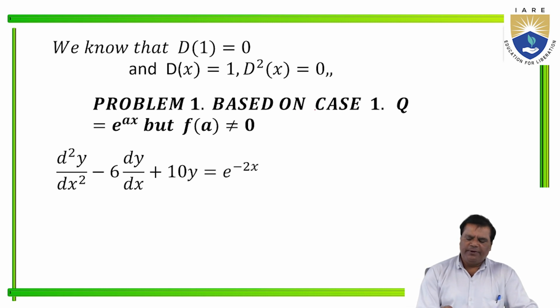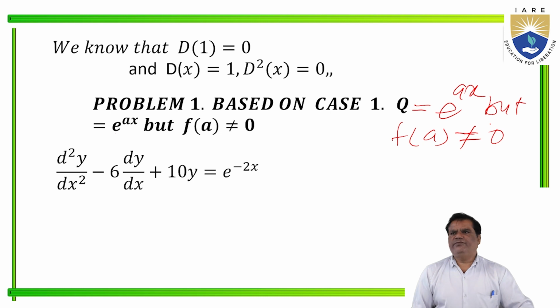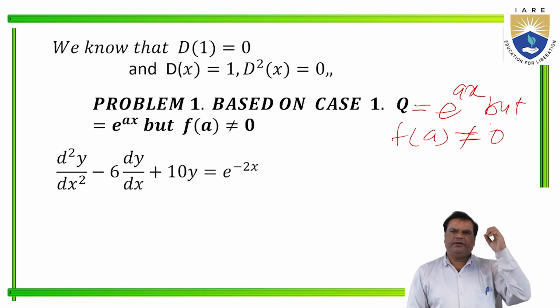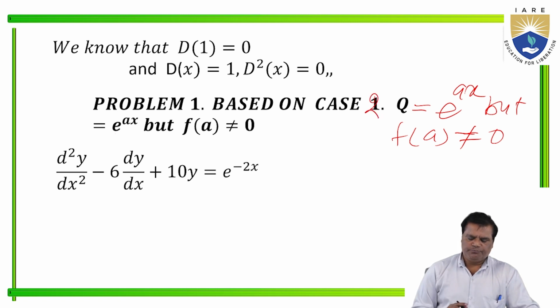Now problem 1 based on case 1: Q equal to e to the power ax, but f(a) is not 0. So we will solve this type of problem based on case 2.